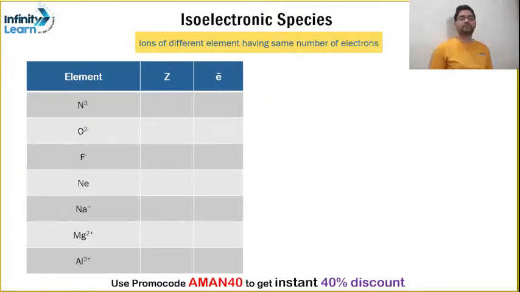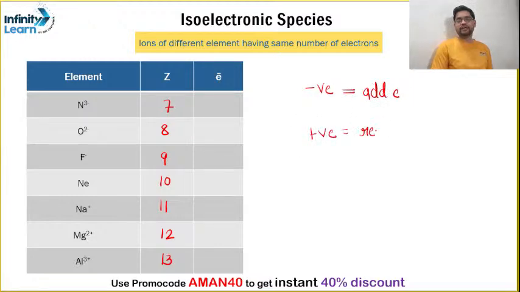Clear? Then comes isoelectronic species. That means they have the same number of electrons. Now see how to understand this. Talking about Z, the atomic number, nitrogen is 7, then 8, 9, 10, 11, 12, 13. When there is a negative charge, you need to add electrons. When there is a positive charge, you need to remove electrons from the atomic number.